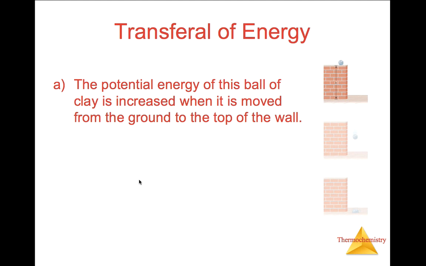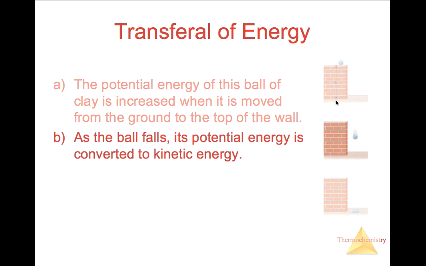The transferal of energy, as in heat energy being transferred from warm to cool, can also be illustrated in the form of potential to kinetic energy. The potential energy of this ball right here is determined by its position, or its height, on this little wall. When the ball falls, its potential energy is changed to kinetic energy, the energy of motion.